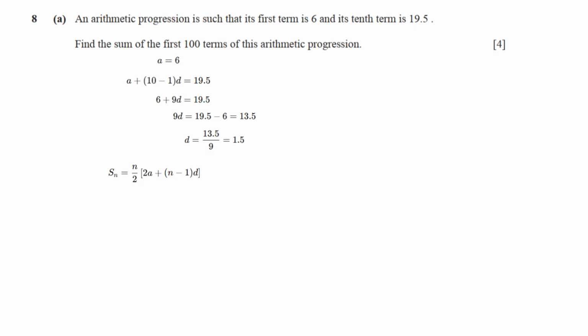So we get 100 divided by 2 times 2 times 6 plus 100 minus 1 times 1.5, which is nothing but 50 times 12 plus 99 times 1.5. Solving this, we get 50 times 160.5, which is 8025.